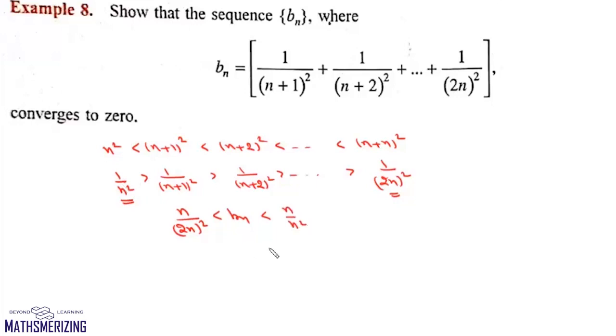So every term of the sequence bn will be greater than 1 upon 4n and will be less than 1 upon n. Now we take this limit, n tends to infinity. Now this limit is 0, this limit is 0. Then using the squeeze theorem, we can say that the sequence bn is a convergent sequence and its limit of convergence is 0. And that is the answer to this question.